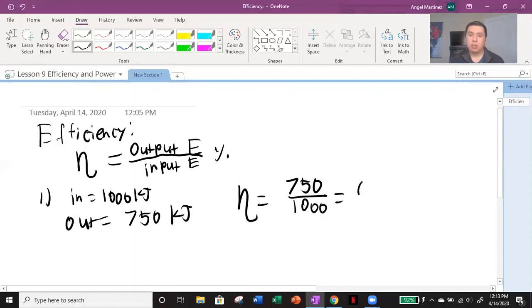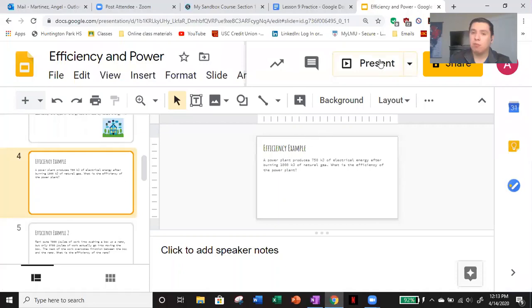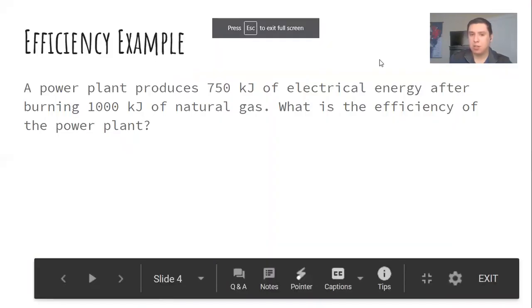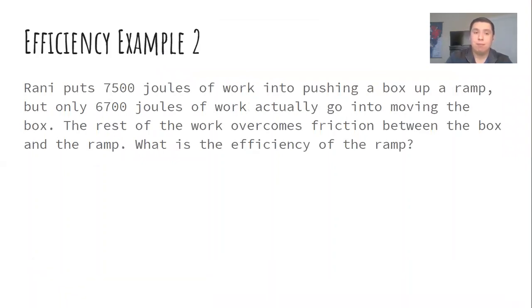If you use a calculator, you get 0.75, which is the same as 75%. This tells us that this power plant is 75% efficient. 75% of the energy burned from fuel goes into electrical energy. The rest of it goes into other heat energy that just escapes out of the power plant.